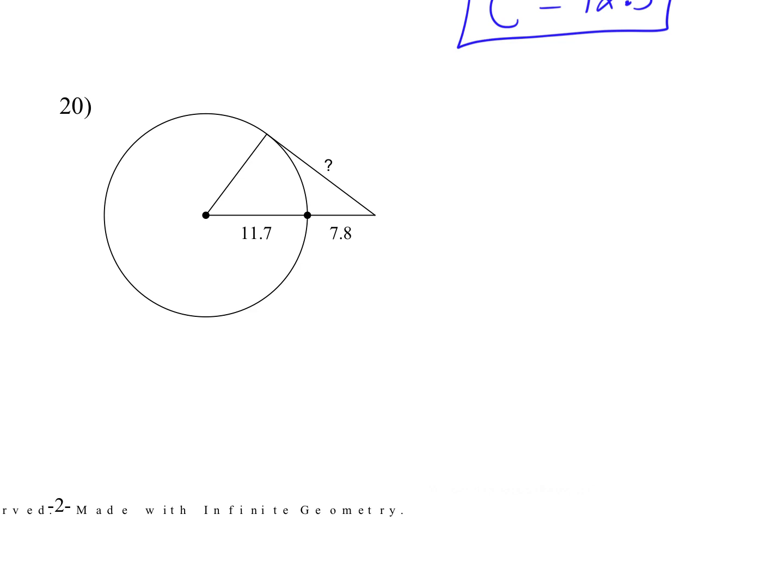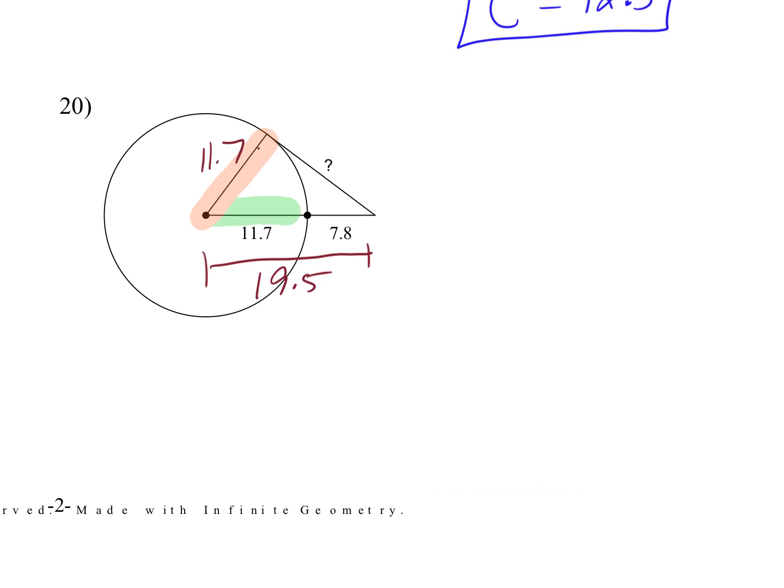On 20, we're finding the missing side again. So this is a radius right here. So this one right here is also a radius, so it's 11.7. And this whole length here is going to be what? That'd be 19.5.